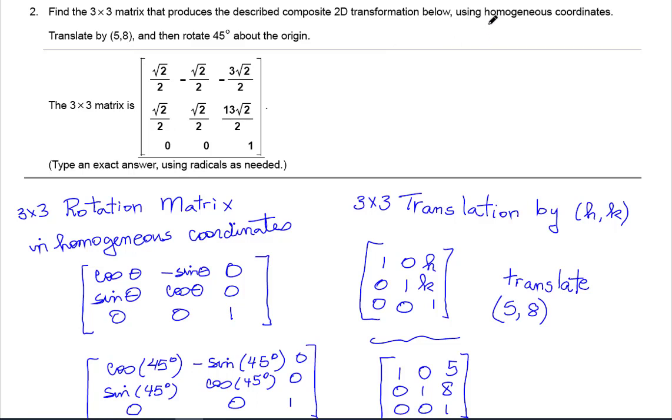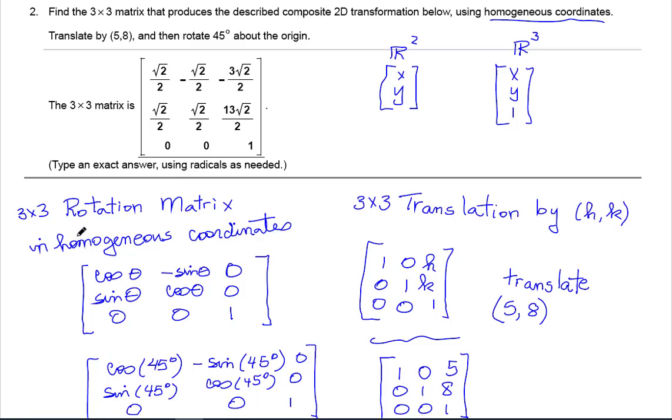First are these homogeneous coordinates. If we are in R2, our point looks like X and Y. If we are in R3 with homogeneous coordinates, this is X, Y, and 1 in the Z direction.